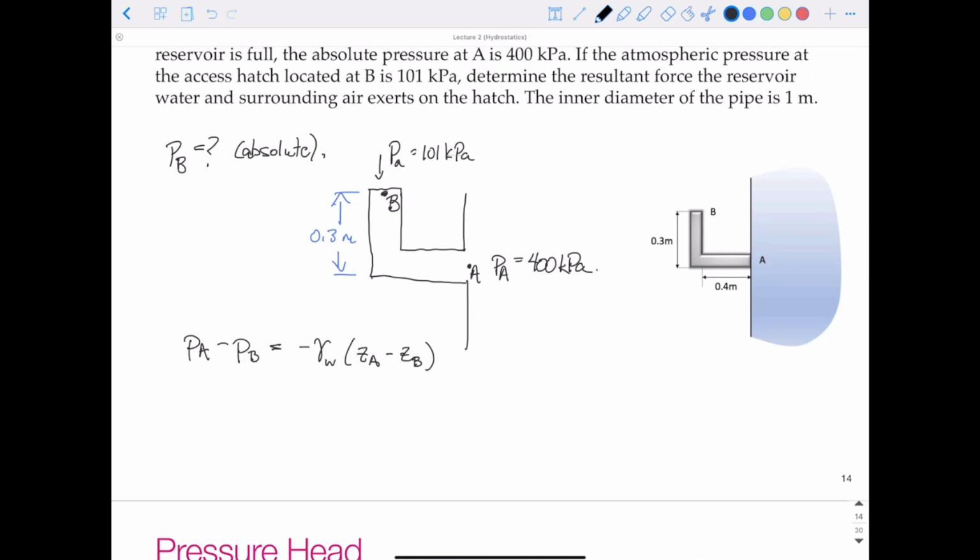So if we rearrange this, we can rewrite this as pressure at B is equal to the pressure at A plus gamma water times ZA minus ZB.